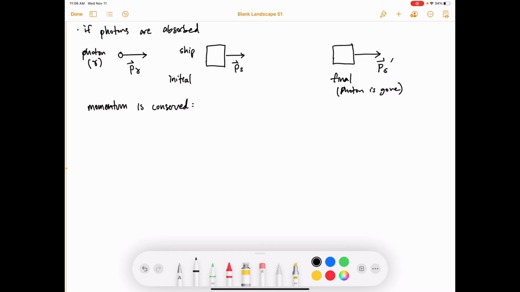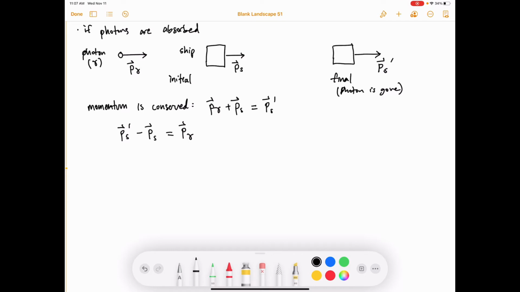So what we have is p gamma plus p_s is equal to p_s prime. Okay? And if we rearrange this to say p_s prime minus p_s, just by subtracting p_s from both sides, that will equal p gamma.